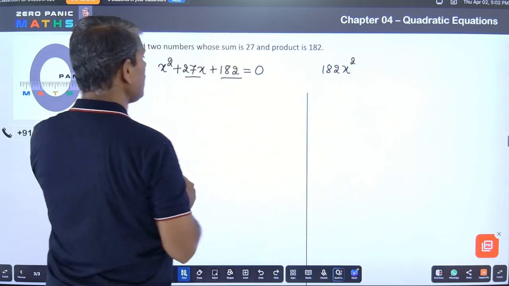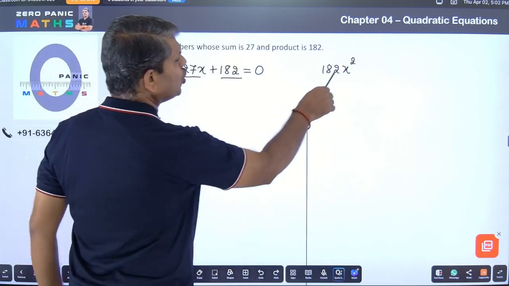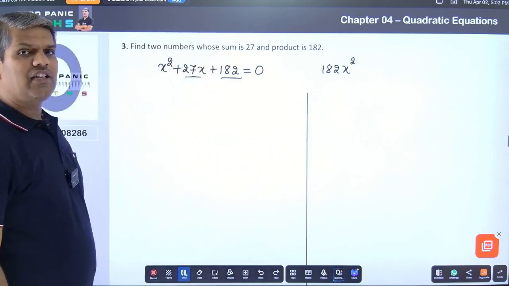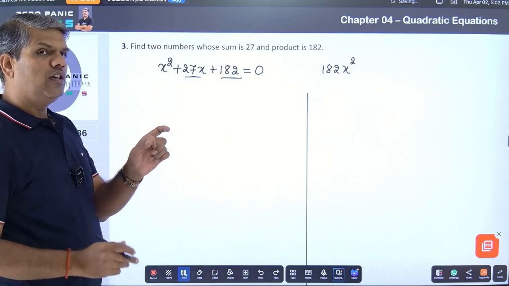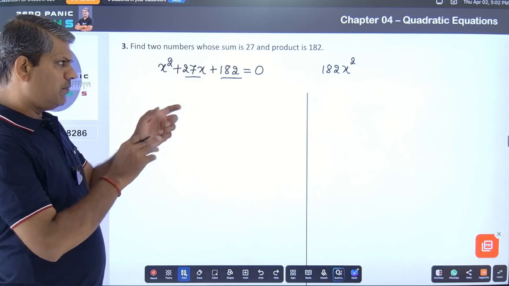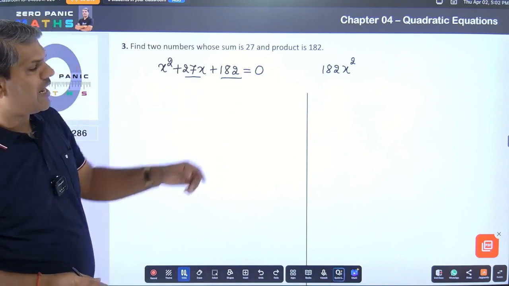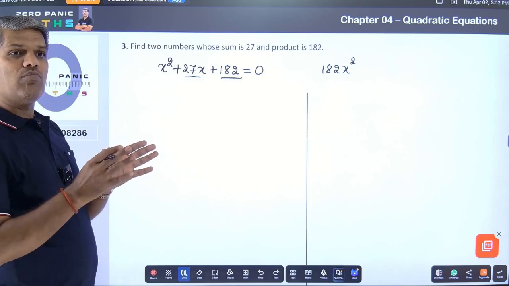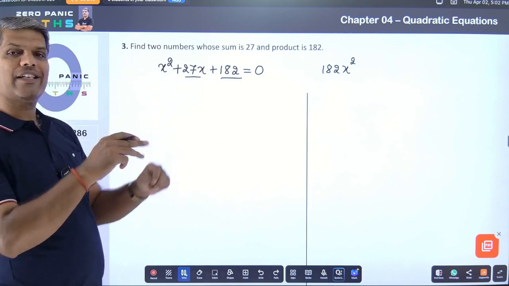Since 2 is the last digit of 182, to find the factors easily we need to look at the last digit and find numbers whose product gives 2 as the last digit.